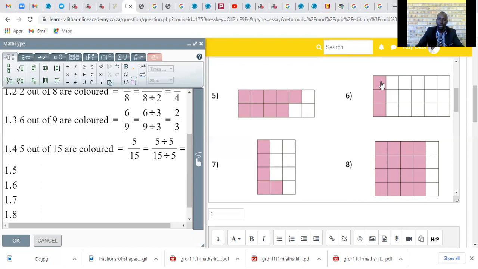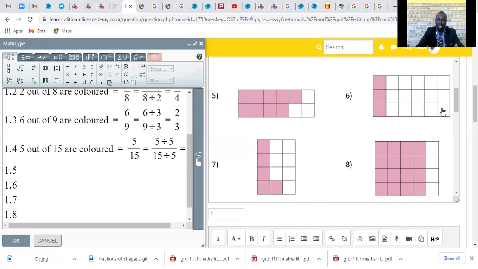You would do the same to question 1.6. So the fraction of squares that are colored, you count those that are colored first. What will that be? 1, 2, 3. So you will be having 3 squares colored out of how many? Well, out of 4, 5, 6, 7, 8, 9, 10, 11, 12, 13, 14, 15, 16, 17, 18. So 3 squares out of 18 are colored.